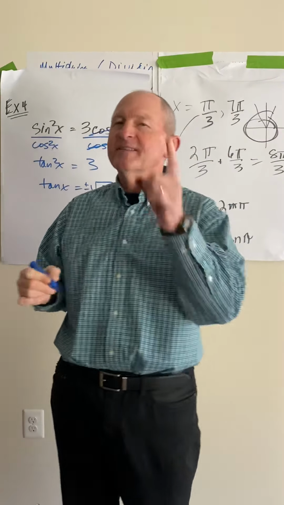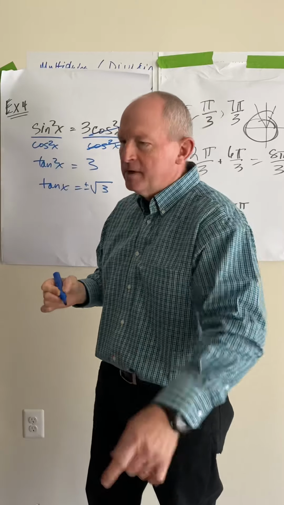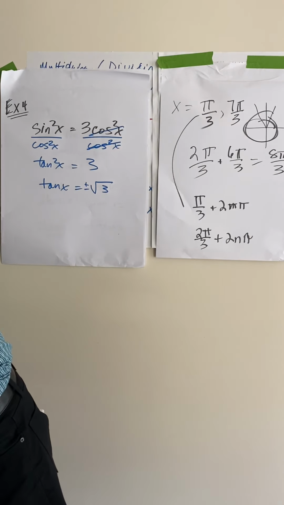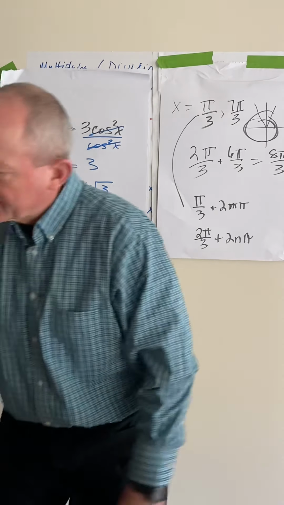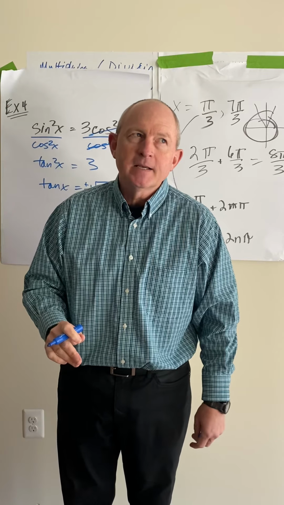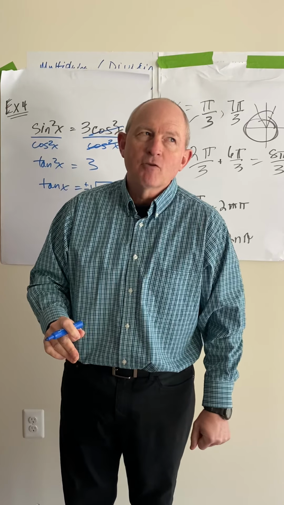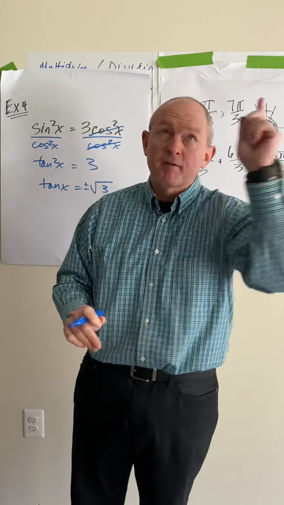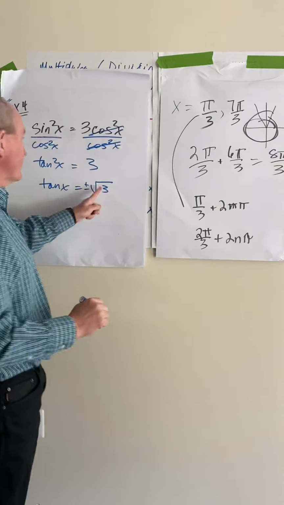Aha! So we just did one like this just a second ago. If tangent x equals plus or minus the square root of 3, that means x is going to be anywhere where the sine is root 3 over 2. Root 3 over 2 is the sine of the higher one, and the higher one is pi over 3. That's plus or minus.